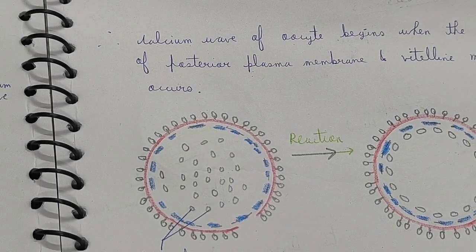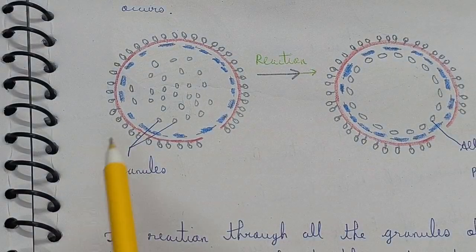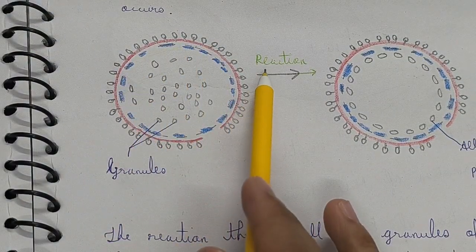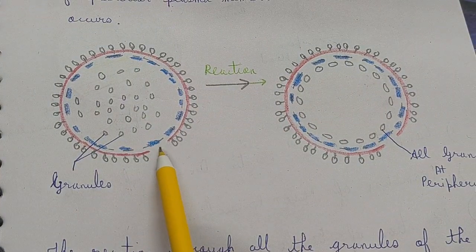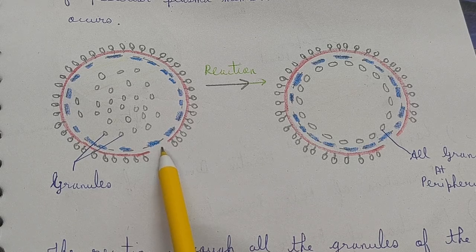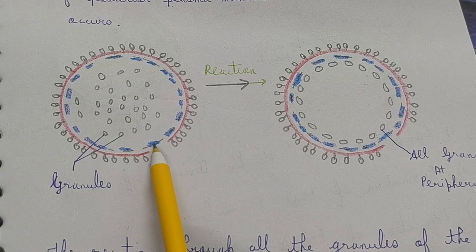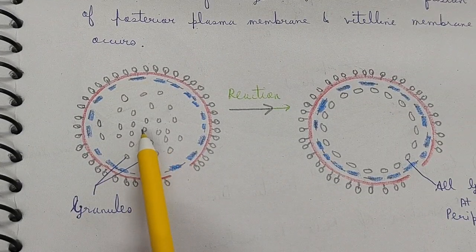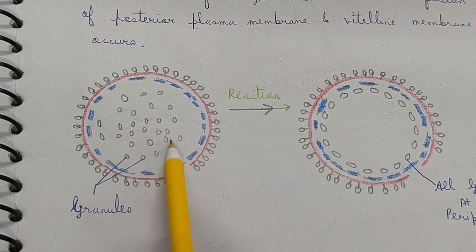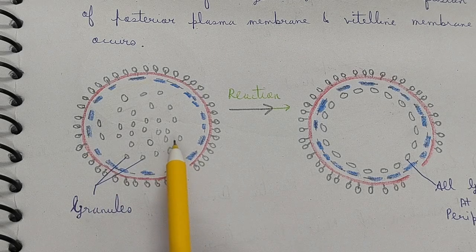So this is the information, but now you have to understand what a cortical reaction is. This is the condition before the cortical reaction, and this is after the cortical reaction. Here the penetration of the corona radiata cell layer and zona pellucida is done, and the posterior plasma membrane has already fused with the uterine membrane. Before the cortical reaction, all the granules of the ooplasm are scattered everywhere.